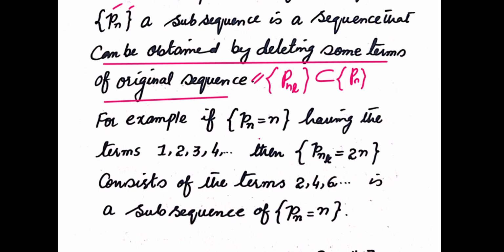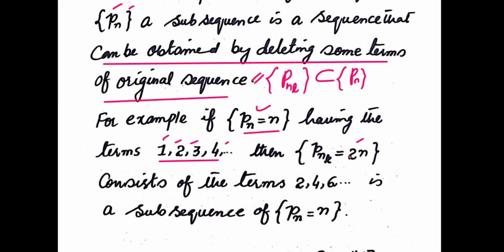For example, if we have a sequence Pn equal to n, this is the sequence of positive integers. So having the terms, when you put n equal to 1, the first term is 1. When you put n equal to 2, the second term is 2. n equal to 3, third term is 3, and so on. We consider its subsequence that just consists of the even terms, denoted by 2n.